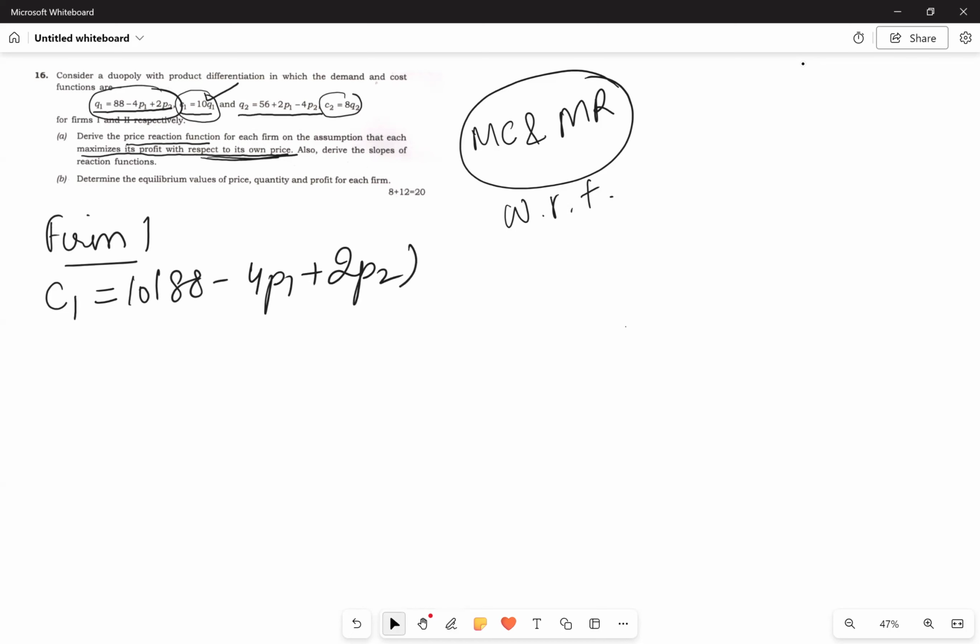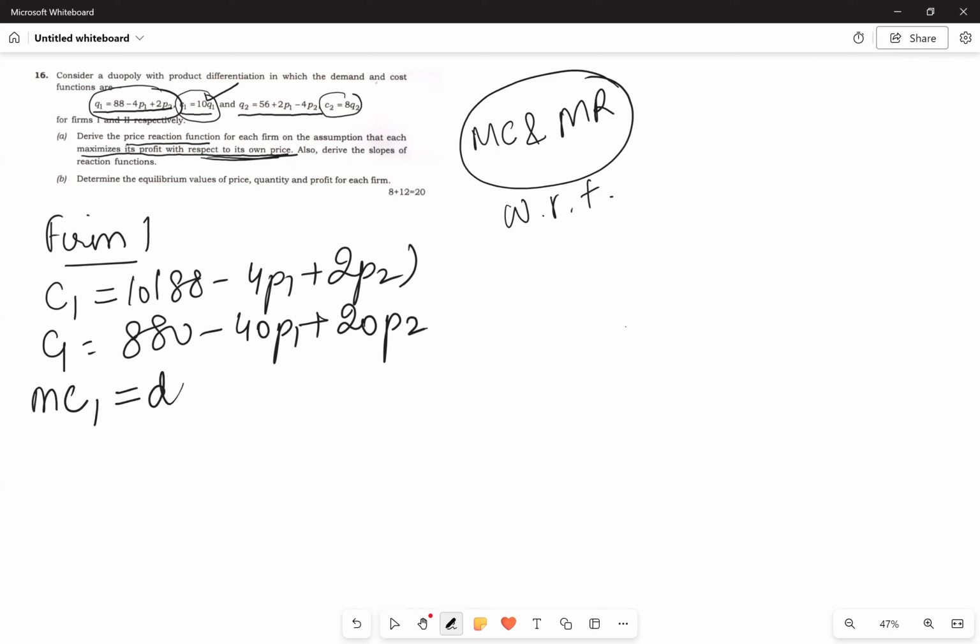So ultimately, your C1 would become 880 minus 40P1 plus 20P2. Now, calculating the marginal cost with respect to the own price, it will be minus 40. So this is your marginal cost.